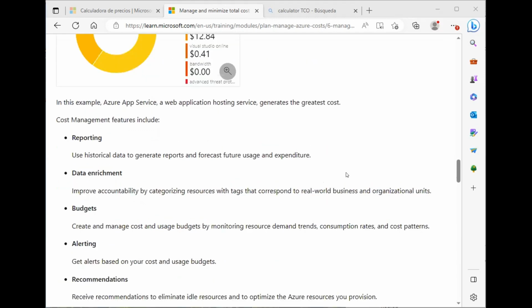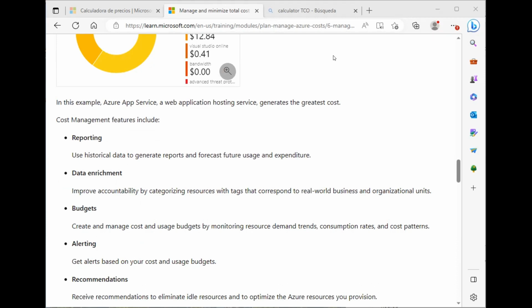Reporting: use historical data to generate reports and forecast future usage and expenditure. Data enrichment: improve accountability by categorizing resources with tags that correspond to real-world business and organizational units.